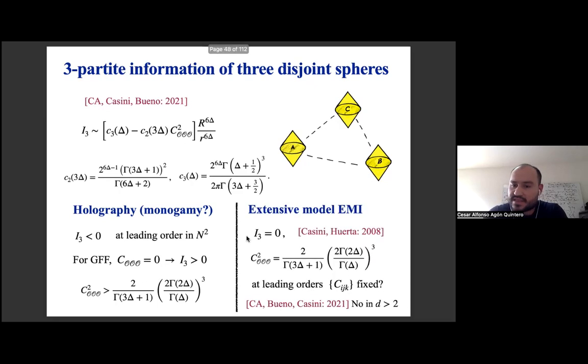And going back to this extensive model that I mentioned quite briefly from Casini and Huerta, we could already see why imposing I3 is such a restrictive condition. Because if I force the I3 to be 0, then at each order in this large distance expansion, you will have to make sure that all the coefficients vanish.